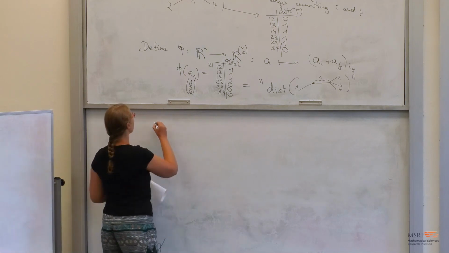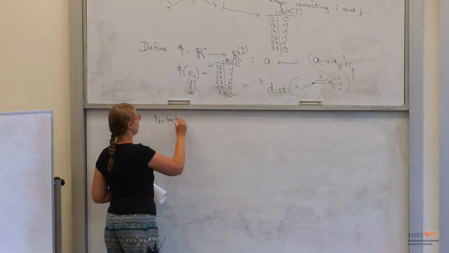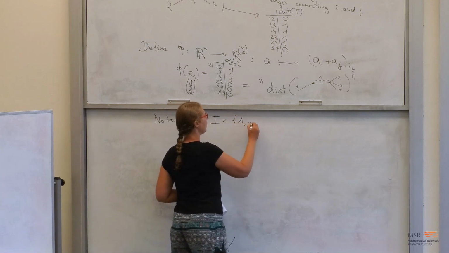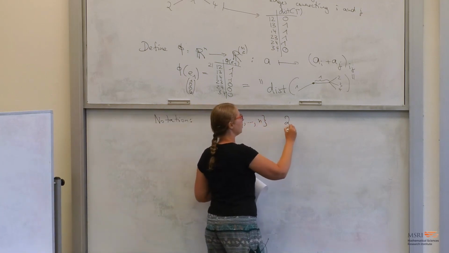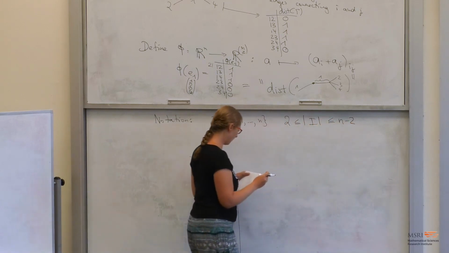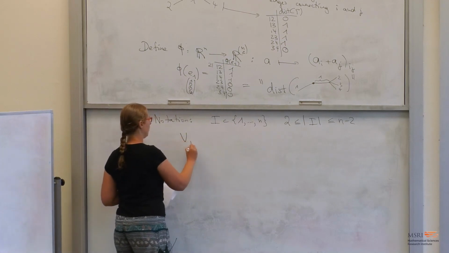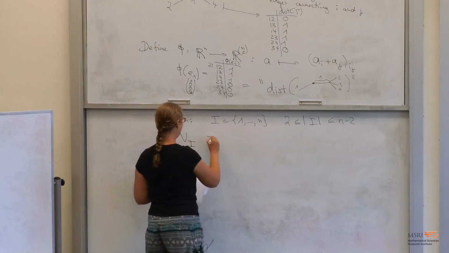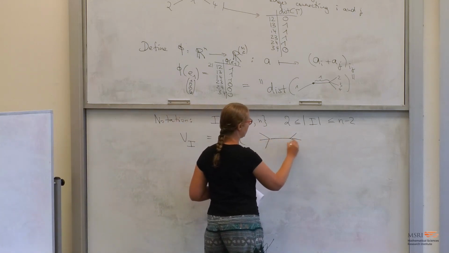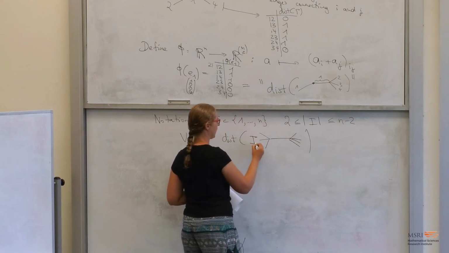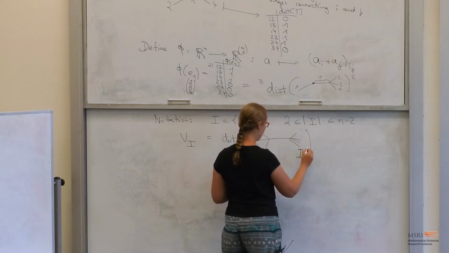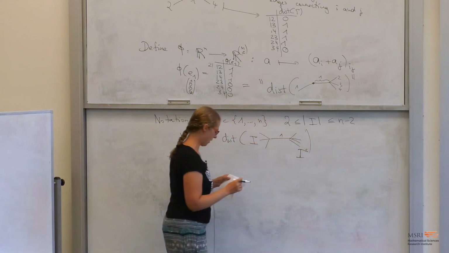Right, so some notation I want to use. If I have a subset I of 1 up to n, which is of size bigger or equal to 2 and less than or equal to n minus 2, then I want v_I to be the vector which is the distance of a tropical curve that has the ends marked I on one side, everyone else on the other side, so I complement on the other side, and length 1 in here.